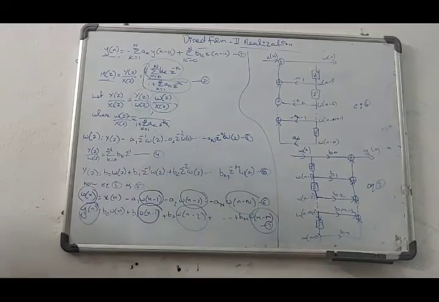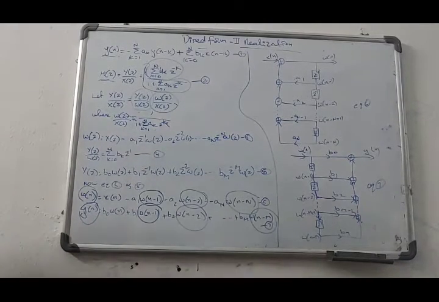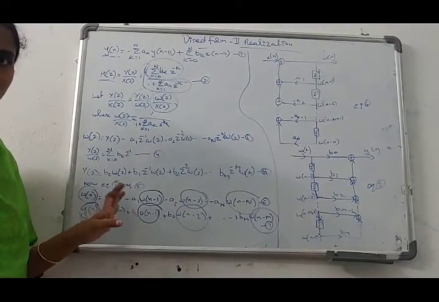So in direct form 2 method, we have to reduce the memory locations because of the same delay. Okay.